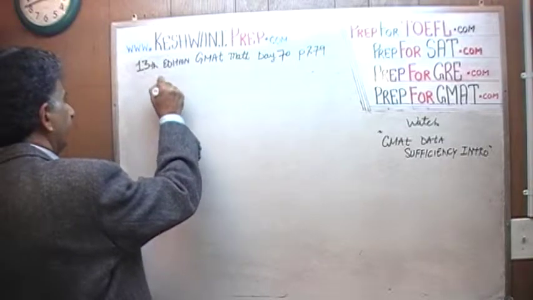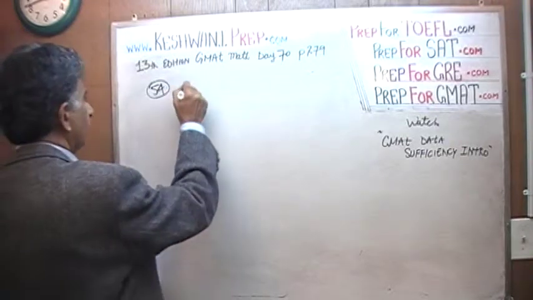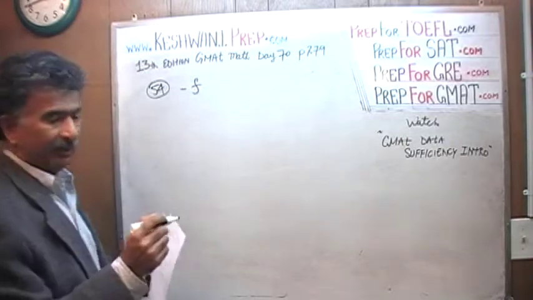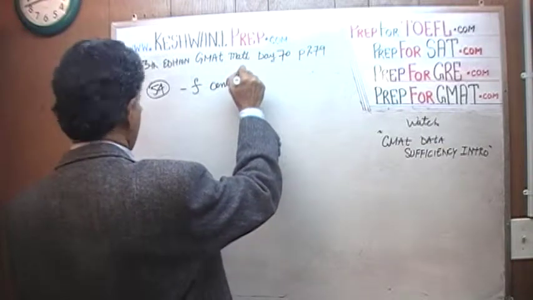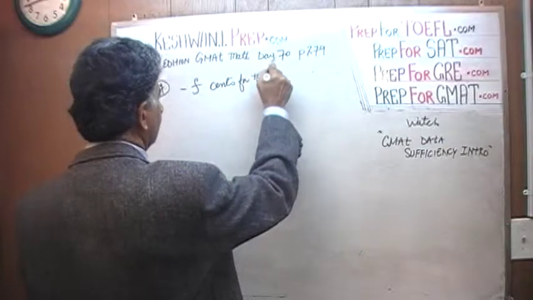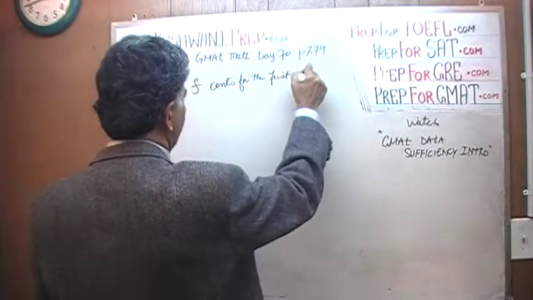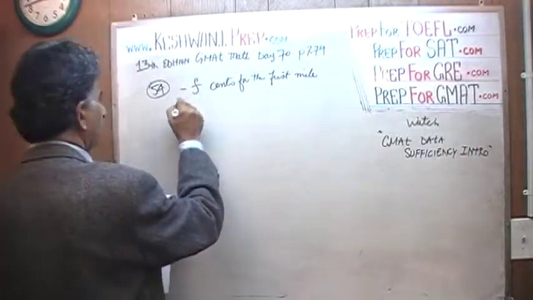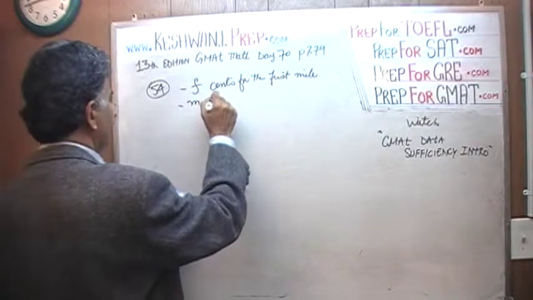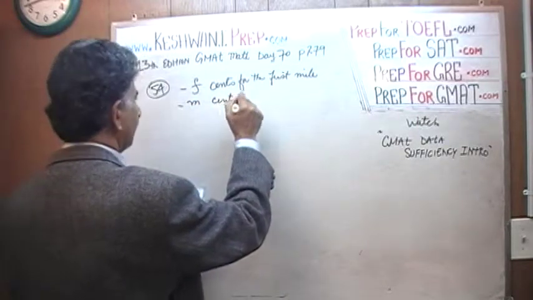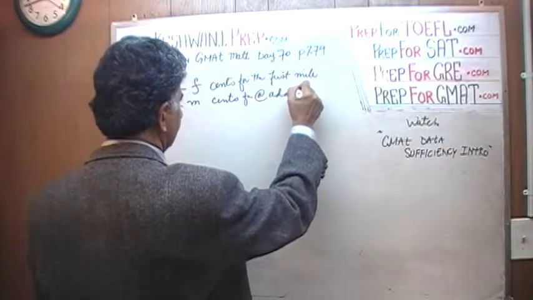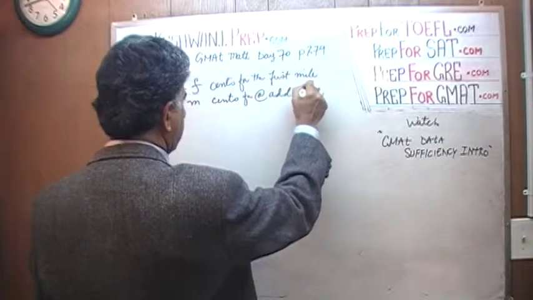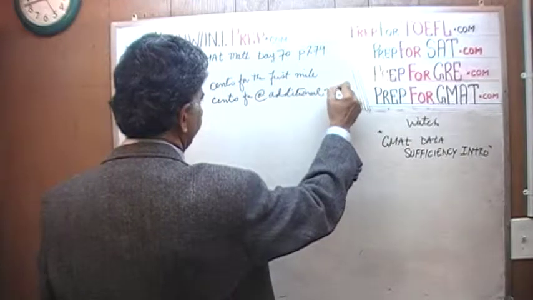Problem number 54 tells you that this taxi company, this cab company, charges F cents for the first mile. They go on to tell us that it also charges an additional M cents for each additional mile.